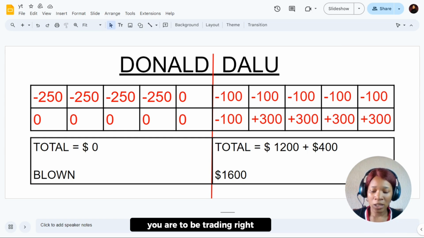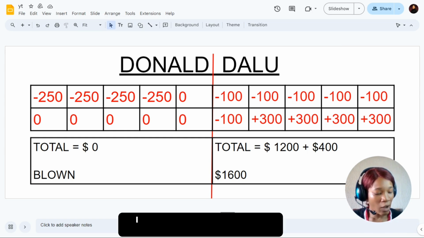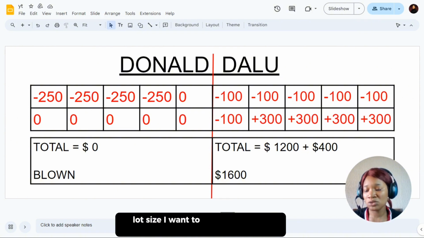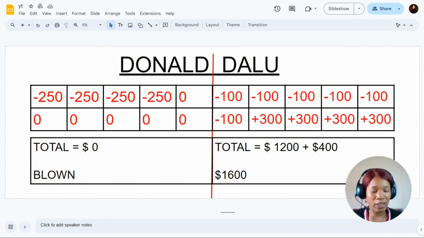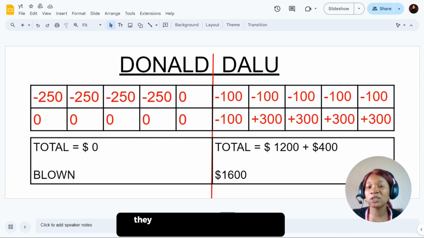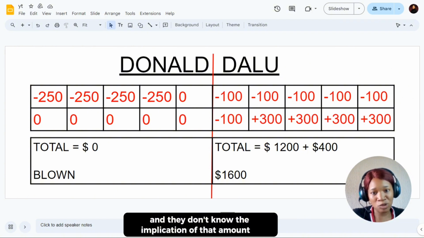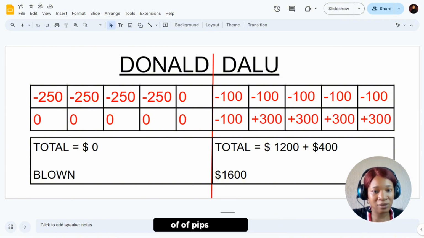trading, right? A lot of people go into trades and they just say, I want to use this so and so lot size. I have so and so stop loss, right? I have 20 stop loss, 30 stop loss. They don't know what it actually means, and they don't know the implication of that amount of pips to their dollar.